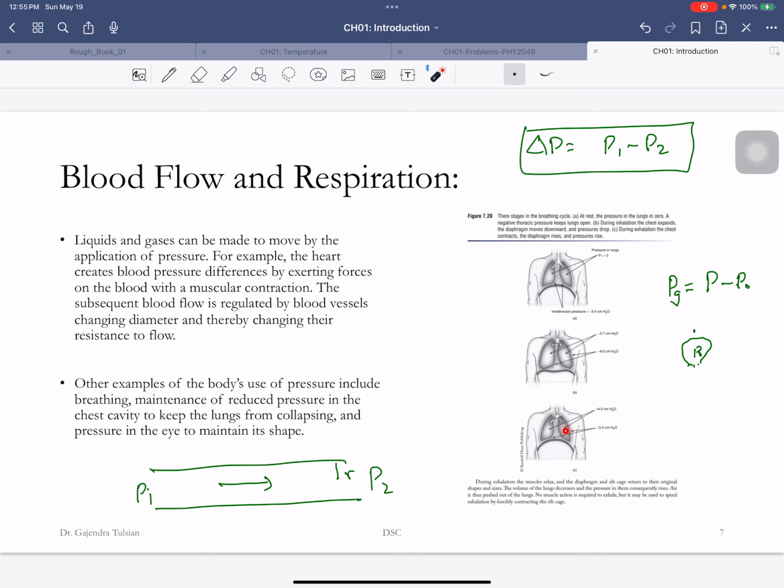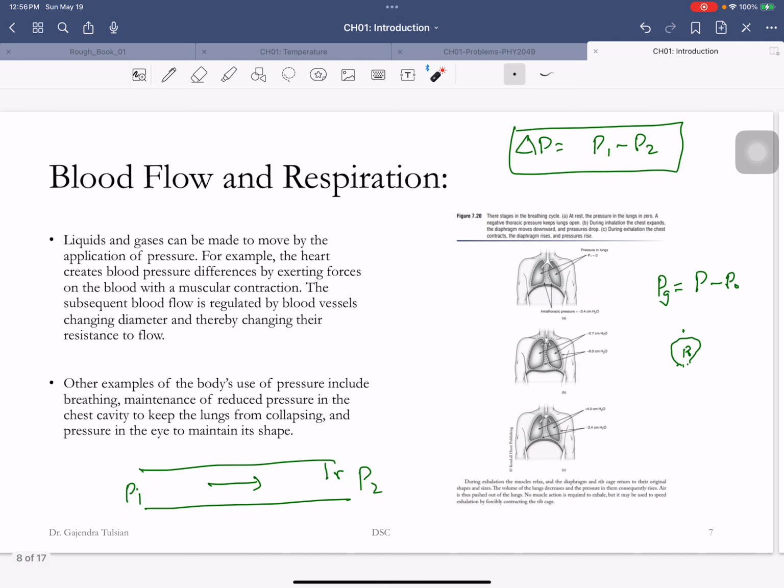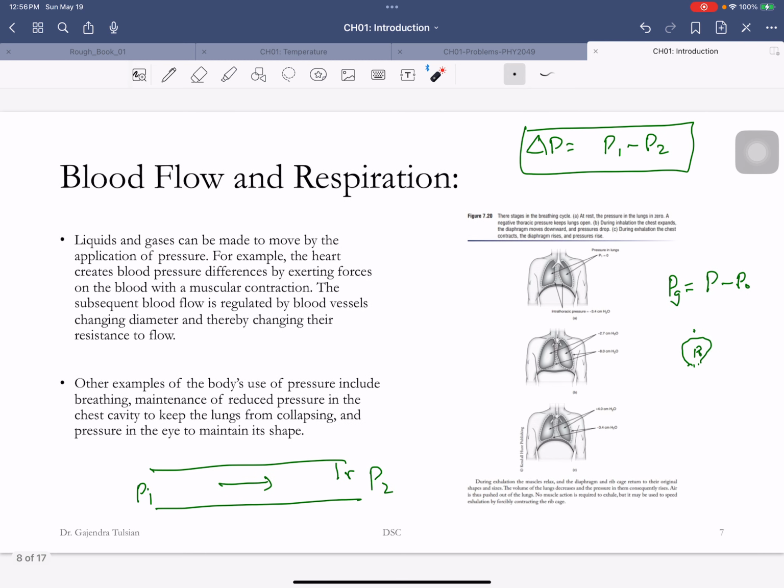So air moves into the lungs, and then when your diaphragm comes back up, that air is being squeezed. The pressure here is greater than the atmospheric pressure, and then air flows out. All right, we'll learn all of that anyway. So there's a physics principle involved in everything that happens in nature.